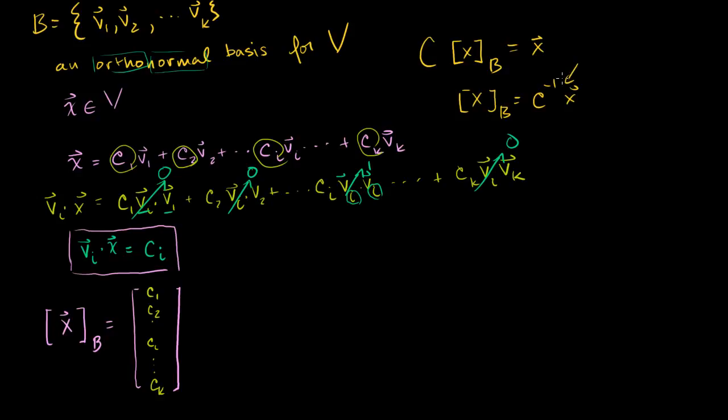This is only if C is invertible. And first of all, C will not always be invertible. If this isn't a square matrix, then this isn't going to apply. So this is one way that if I give you your x, you get your B representation of x.